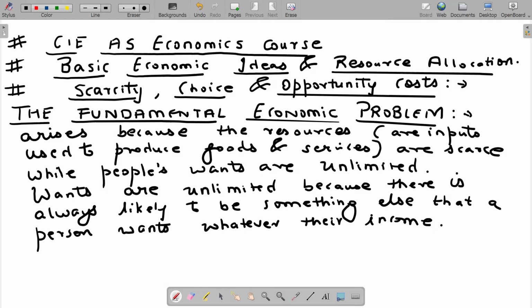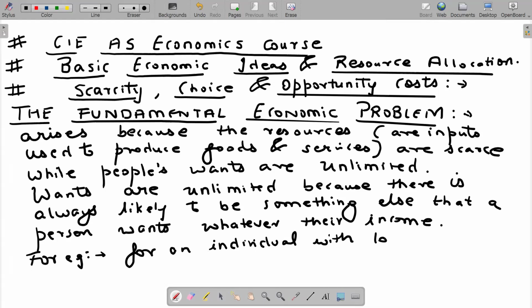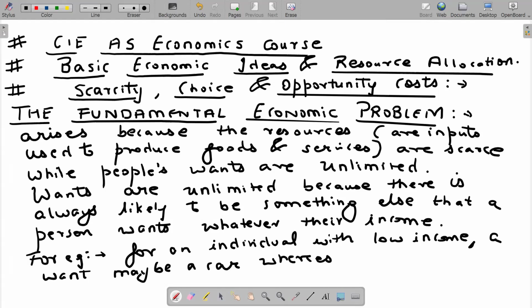Wants vary across your income levels also. For example, I can explain by saying that for an individual with low income levels, a want may be a car, whereas for a millionaire, a want may be a personal jet craft.